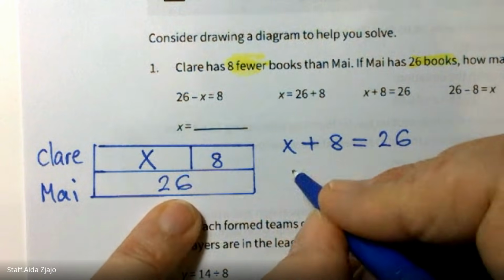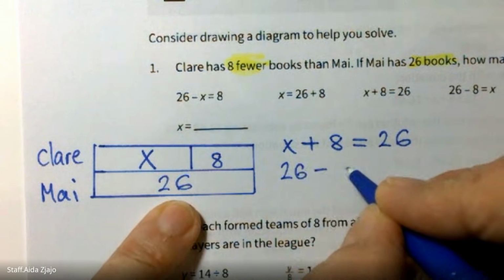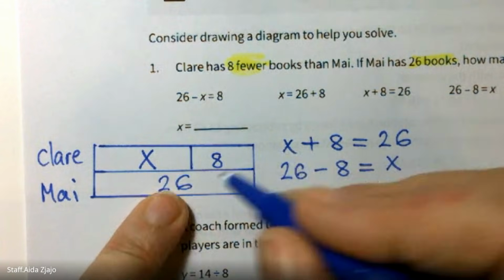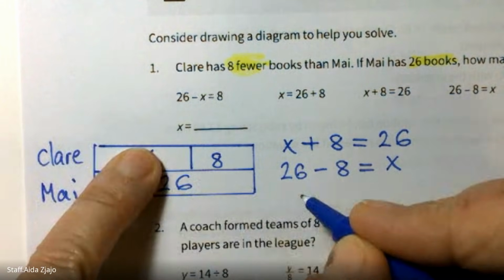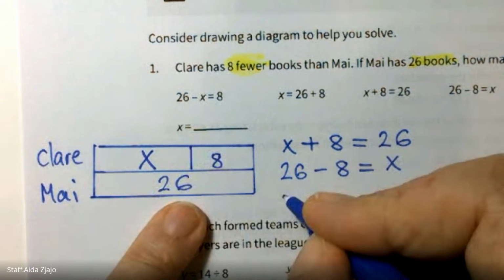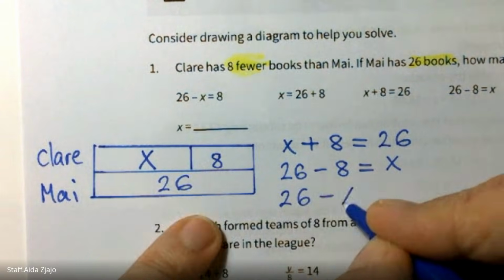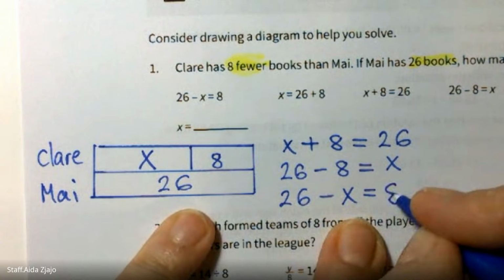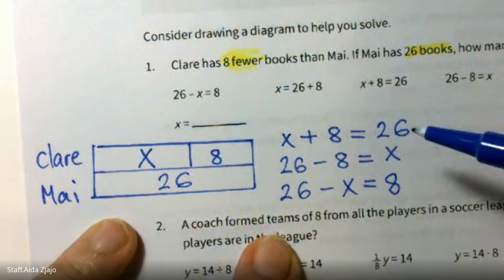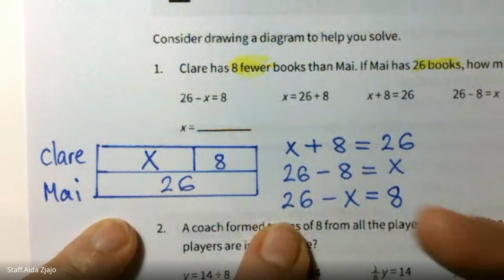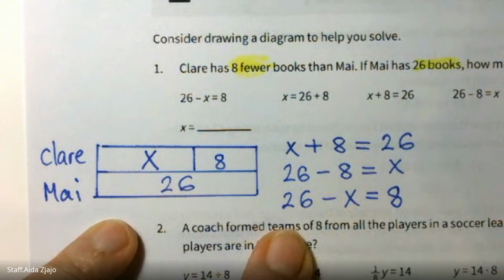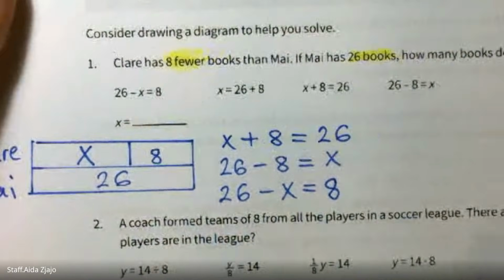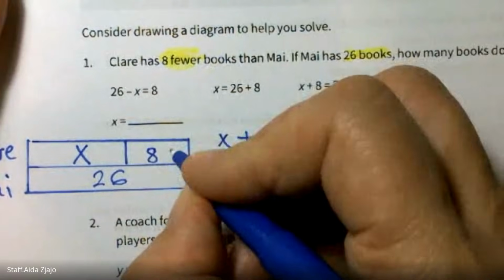We can say 26 minus 8 must equal x. Or we can say 26 minus x equals 8. Or we can say 26 equals x plus 8.